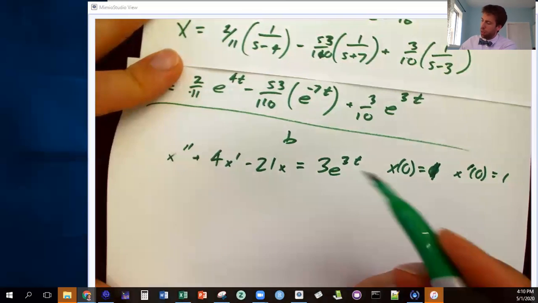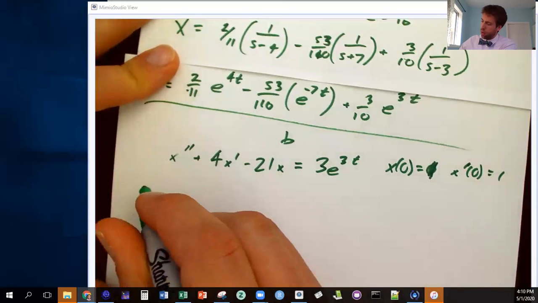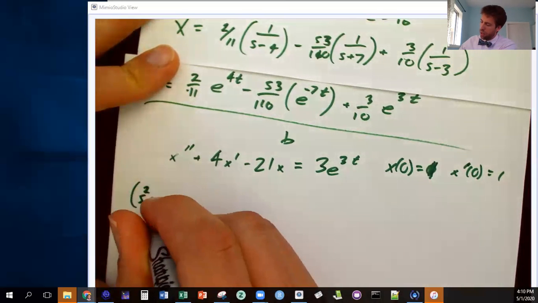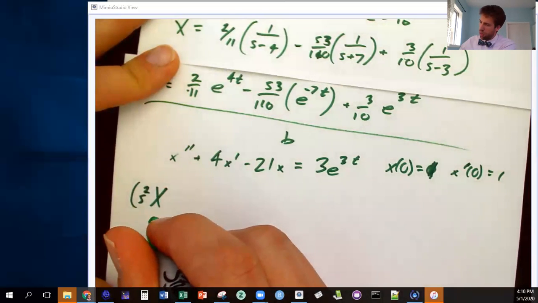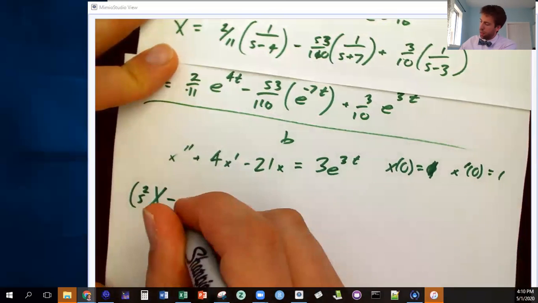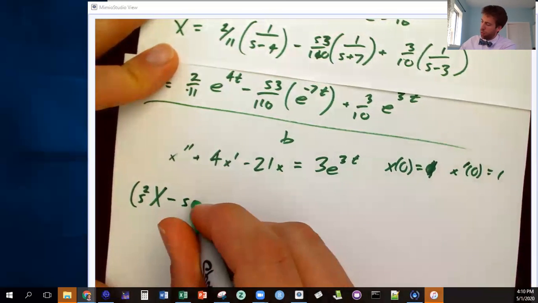Once you get the hang of this, it goes a little faster. So I'm taking the Laplace transform on both sides. I'm going to be a little sloppier now. So x double prime gives me s squared capital X minus s times x of 0, minus x prime of 0, so minus 1.